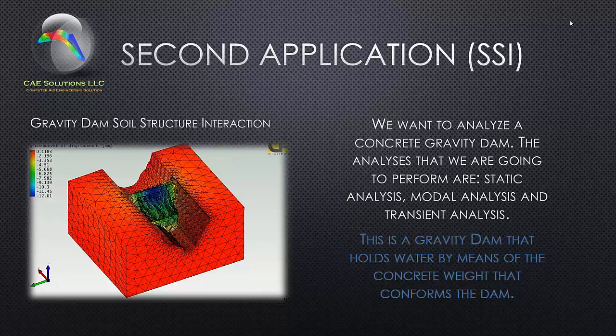The analysis that we are going to perform are static analysis, modal analysis, that means natural frequencies and mode shapes, and transient analysis. This is a gravity dam that holds water by means of the concrete weight that conforms the dam.